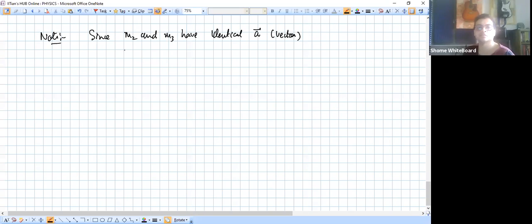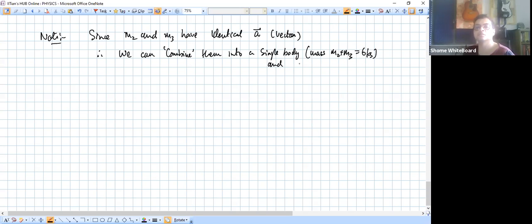Therefore, we can combine them into a single body of mass M2 plus M3, in this case 6 kg, and make its free body diagram. So let's see how that works. If I am to do that, we will consider M2 plus M3, this whole thing, as one single body.